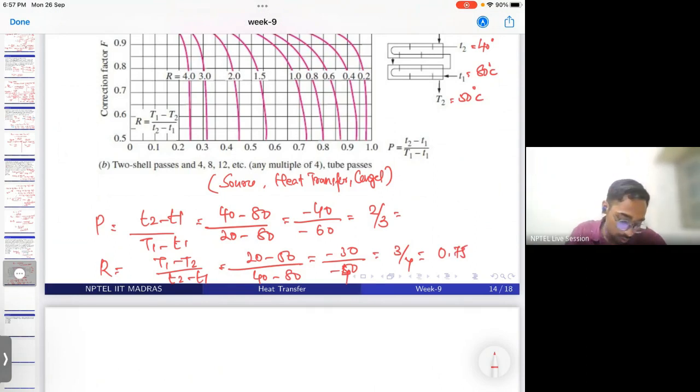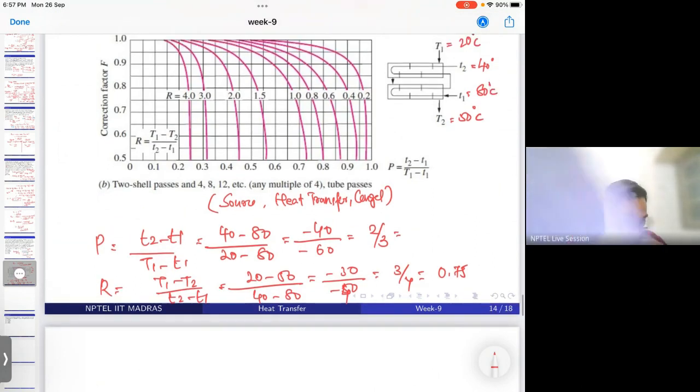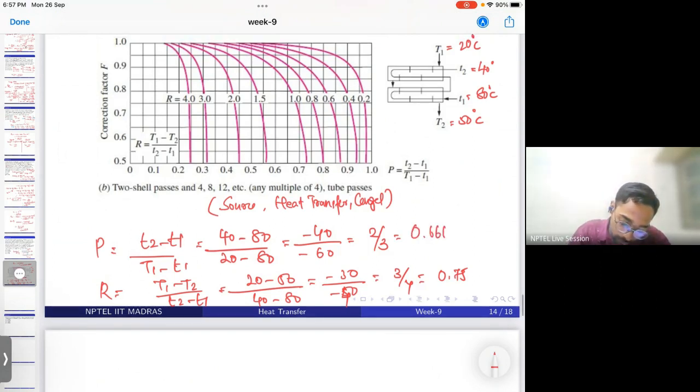So now we got what is P and R. So from the graph, we need to find out the correction factor. Okay.